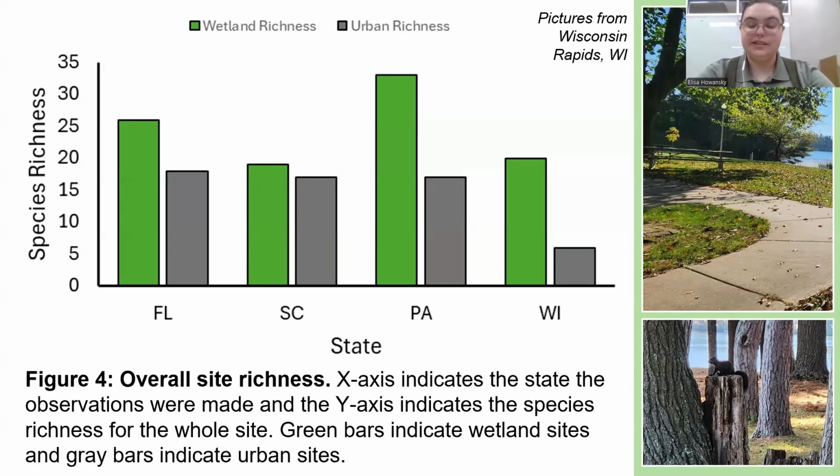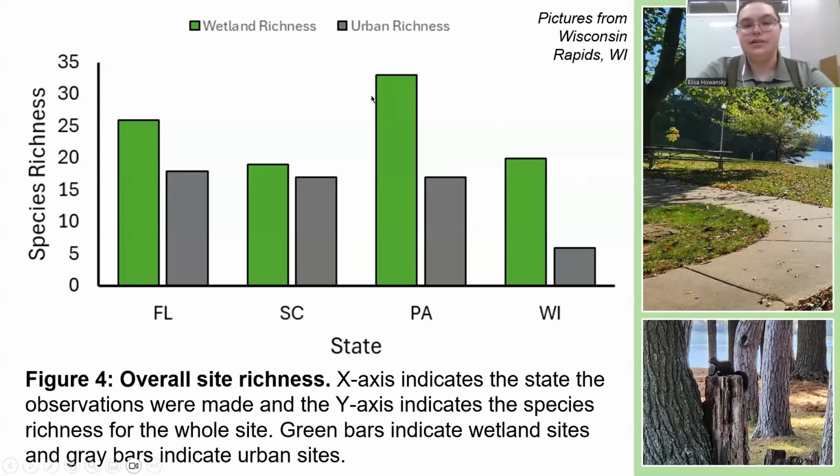The green bars indicate wetland environments, and the gray bars indicate urban environments. The important thing to note for this one is that on average, all of the urban sites had lower species richness than any of our wetland sites.